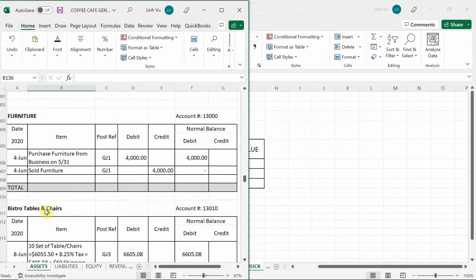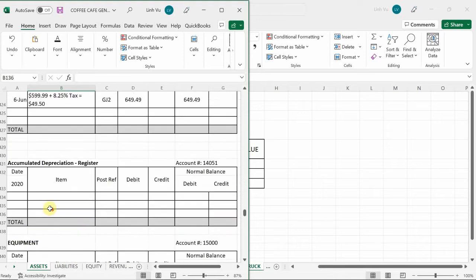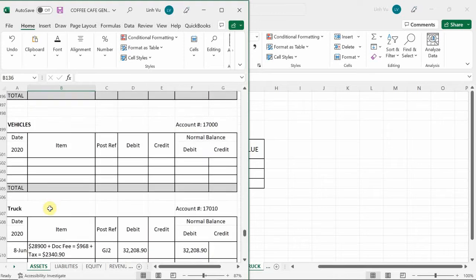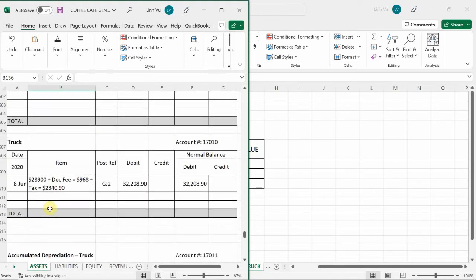Okay, the truck says I purchased it on June 8th. And how much did it cost me in grand total? 32,208.90 is my total asset cost.